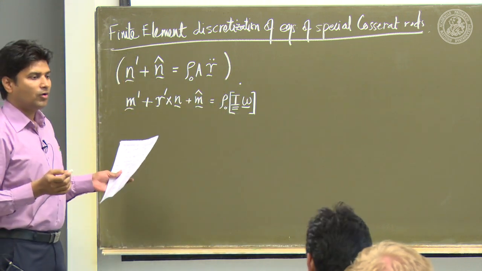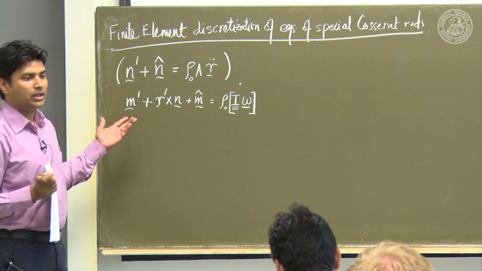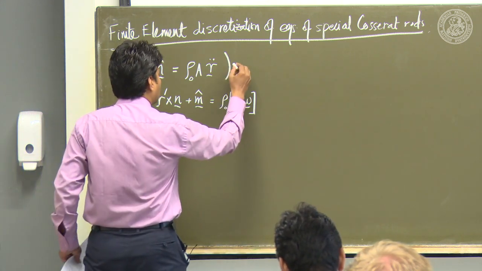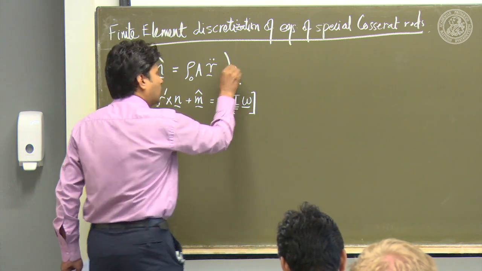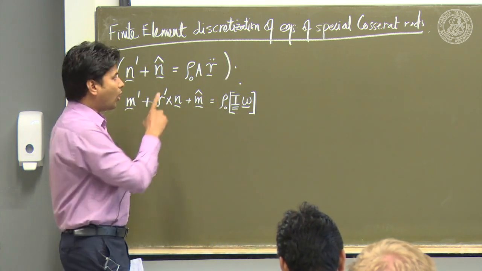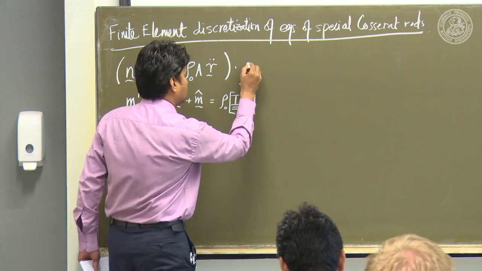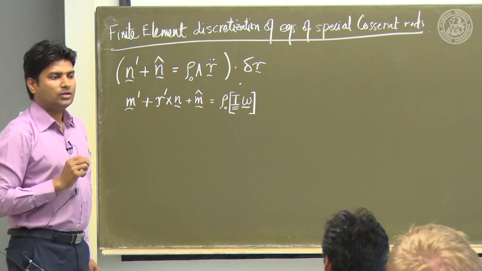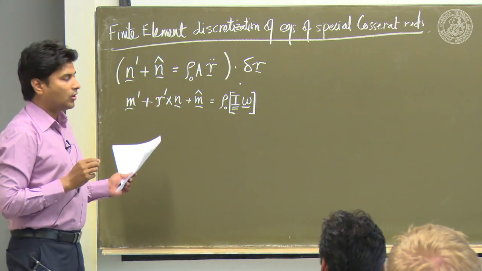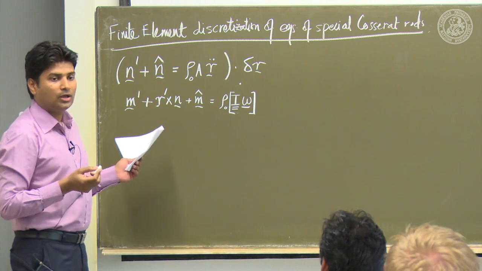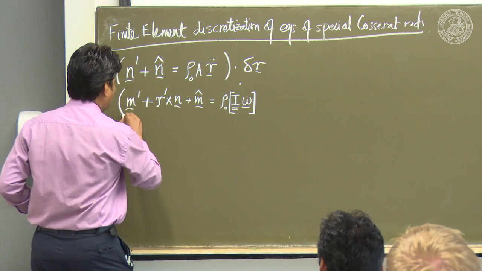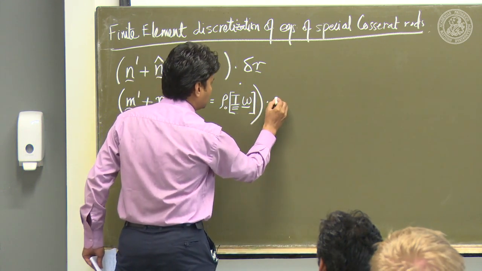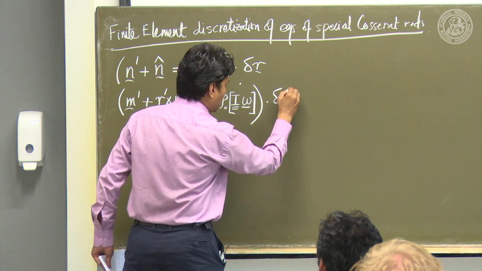And when we want to get the weak form, we multiply the strong form with test functions, or the variations. So, to the linear momentum balance, we are going to dot this equation with del r, where del r is nothing but the variation in little r. And similarly, to the angular momentum balance, we are going to dot it with del theta.